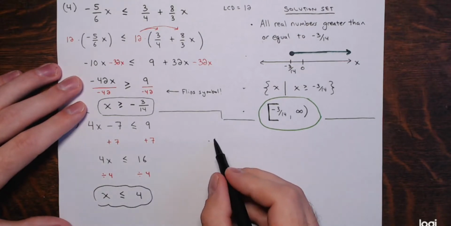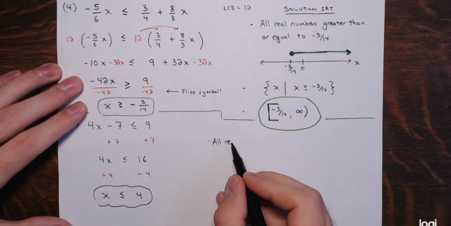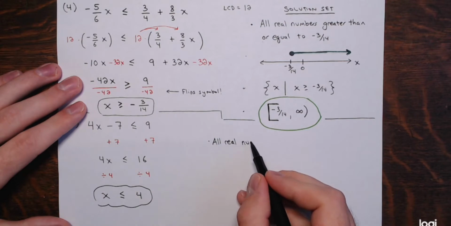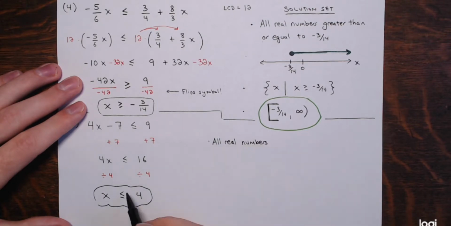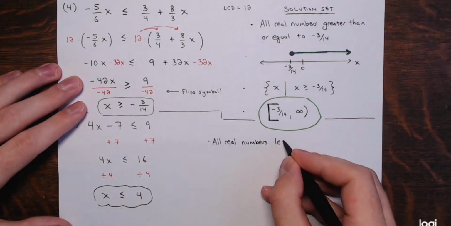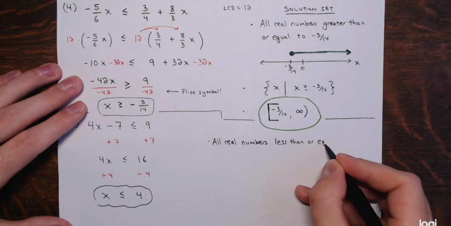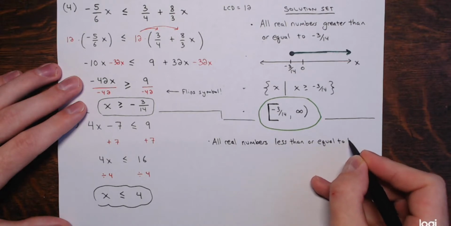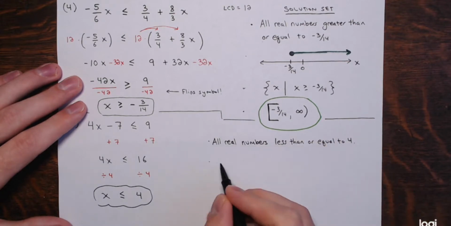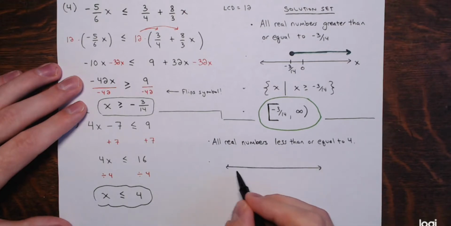All right, so all real numbers, x can be any number less than or equal to 4. The graph, again, the variable's x.